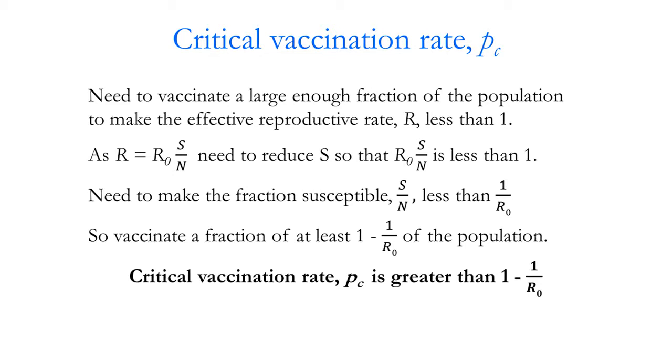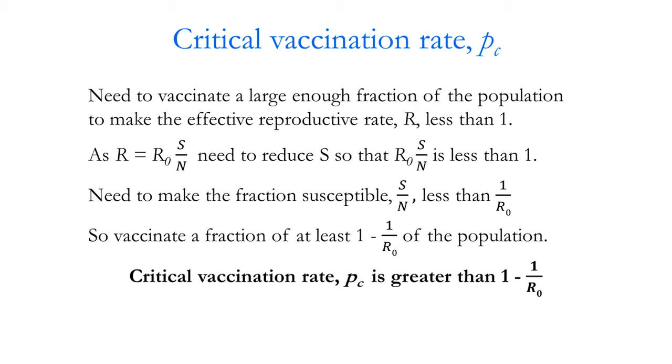But R, we know, is R0, the basic reproductive rate, times S over N. So what you need to do is reduce the number of susceptibles so that R0 times S over N is less than 1.